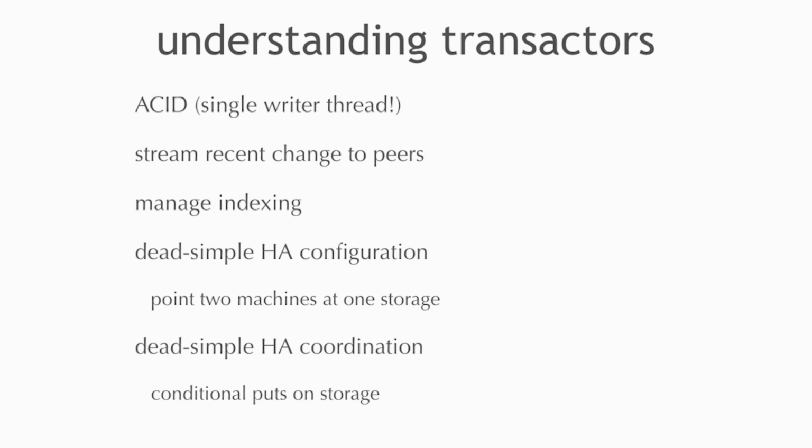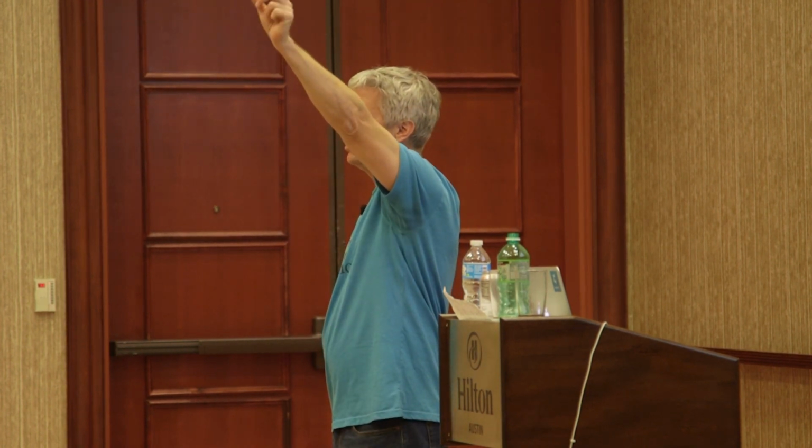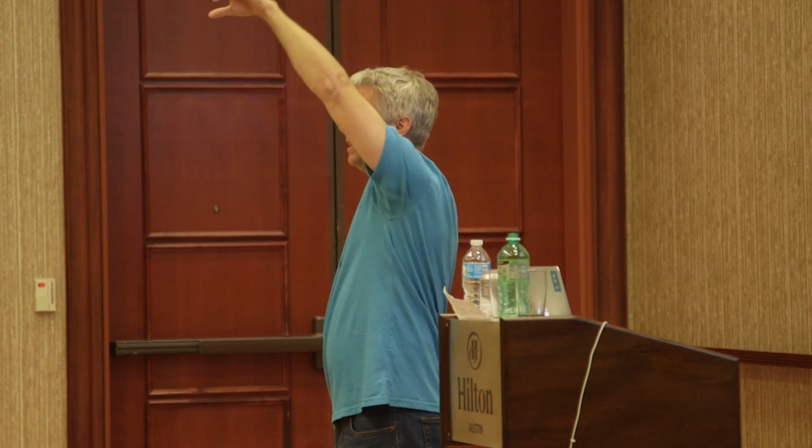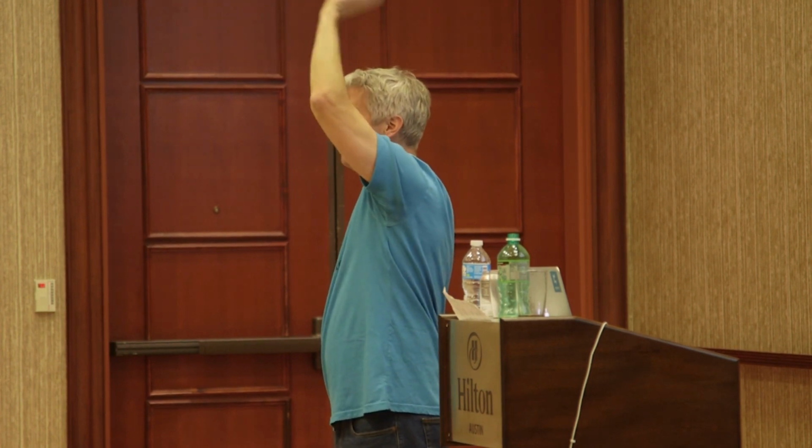They coordinate to know that the active transactor is still alive through storage by doing conditional operations against storage. The active transactor says, conditionally, that was the old status of the storage beacon, I'm updating the storage beacon and saying, I'm still alive, I'm still alive, I'm still alive.